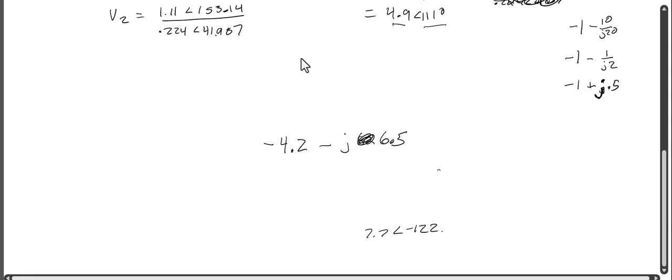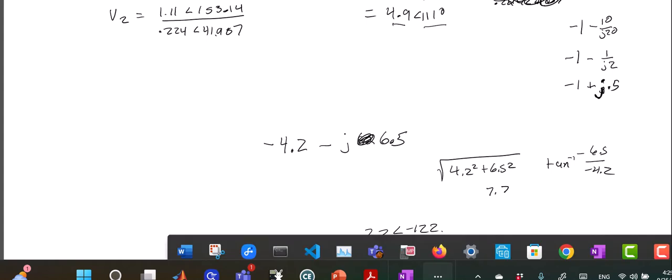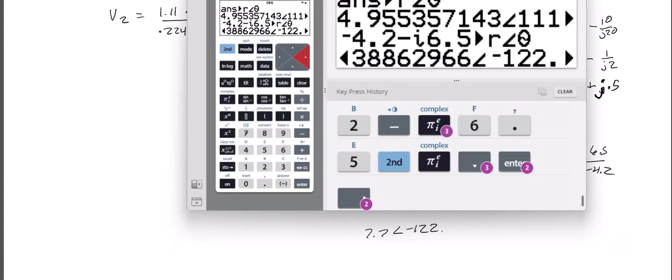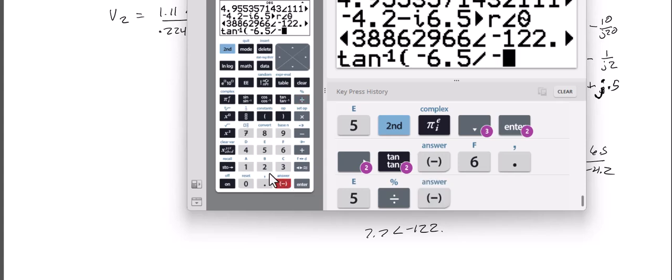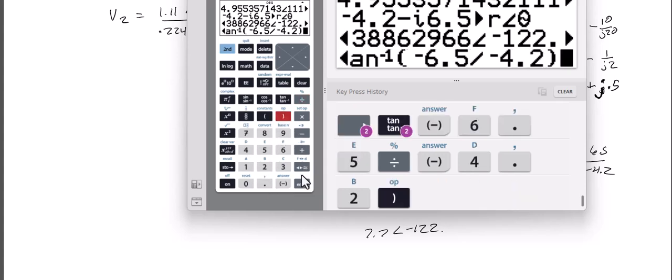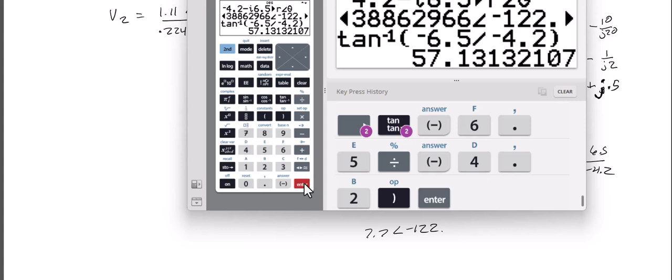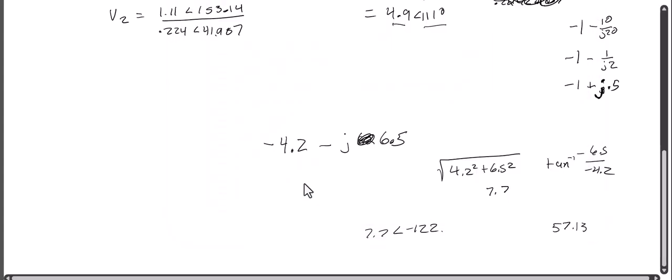Now, if I do it by hand, I get the square root of 4.2 squared plus 6.5 squared, and that will give me 7.7. And then the inverse tangent of negative 6.5 over negative 4.2, I get 57.13, which you see is not the right answer.